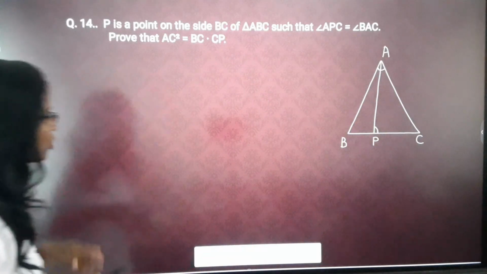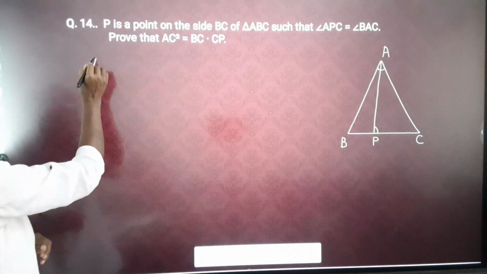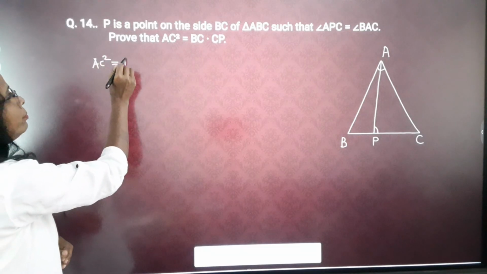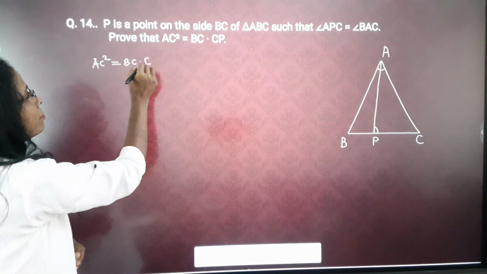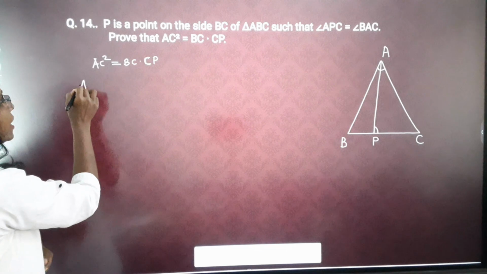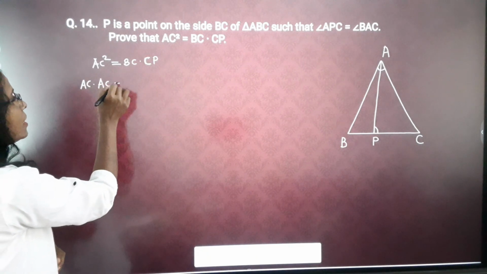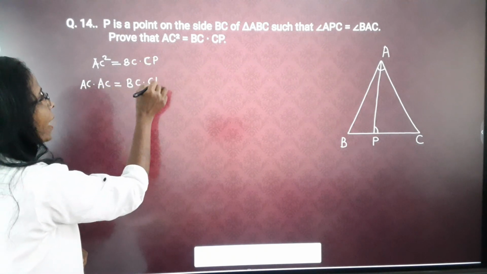We have to prove that AC square is equal to BC multiply CP, that is, AC multiply AC is equal to BC multiply CP.